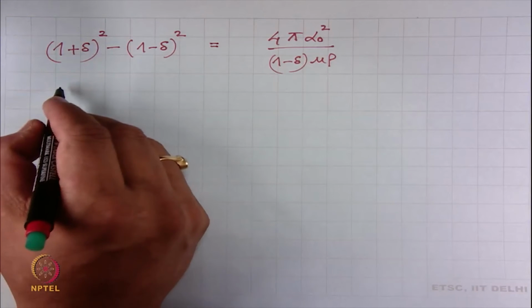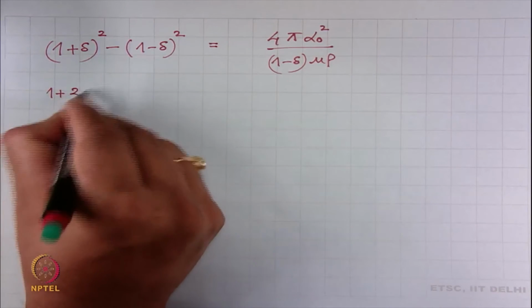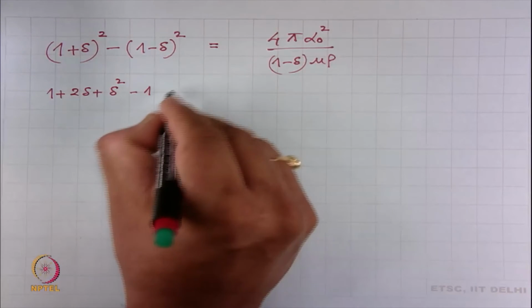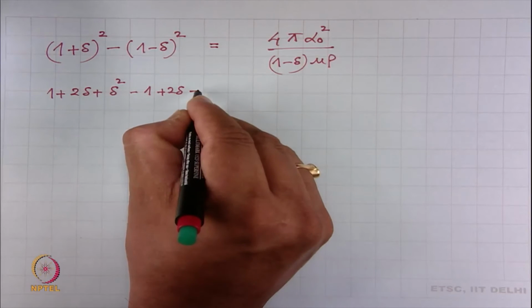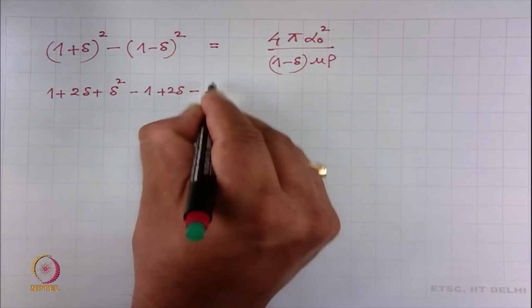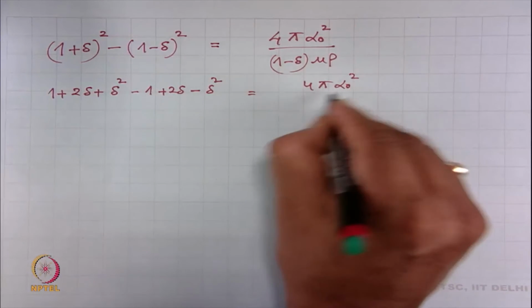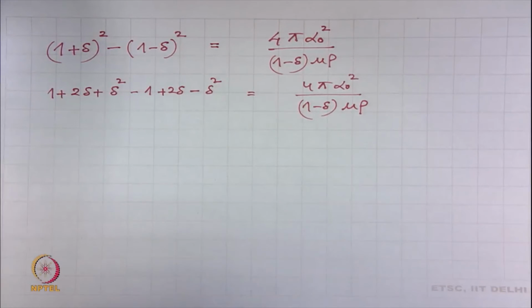So, what is this then? 1 plus 2 delta plus delta squared minus 1 plus 2 delta minus delta squared 4 pi squared 1 delta into mu into this.